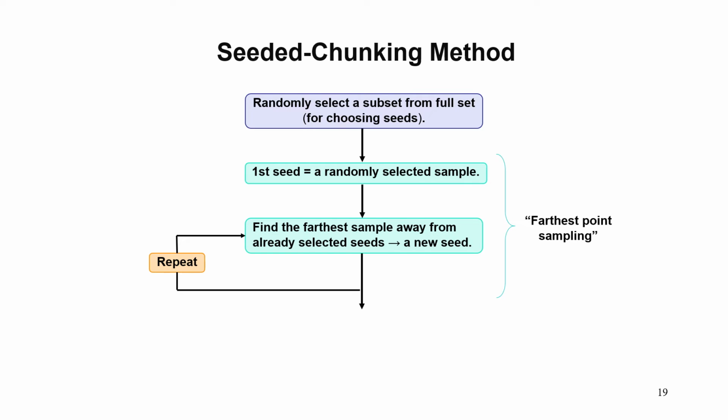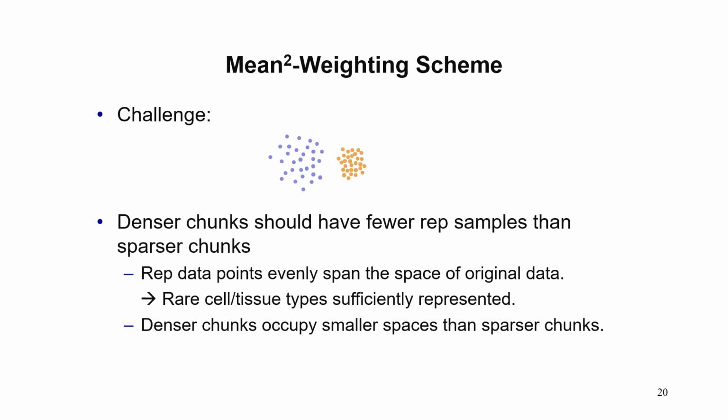That is, starting from a randomly selected seed, the seeds are chosen one at a time, such that each new seed has the largest distance to the set of already selected seeds. This farthest point sampling is performed on the aforementioned randomly selected subset. Then each sample in the full set is assigned to its closest seed. Since chunks have equal sizes, the sample is assigned to its closest seed among all currently non-full chunks.